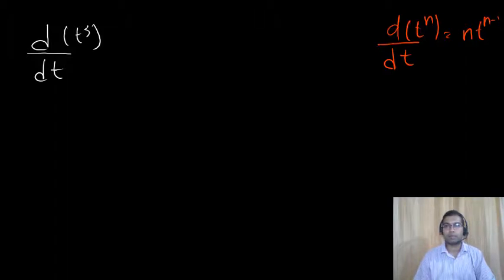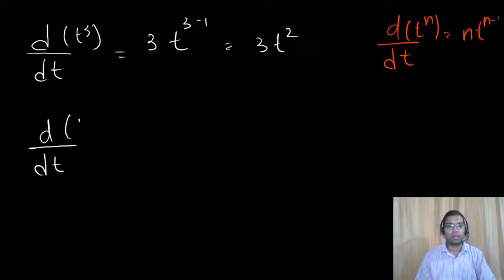So applying the same formula here, d by dt of t cubed, that means n is 3, you write it first, t to the power 3 minus 1, which is 3t square.